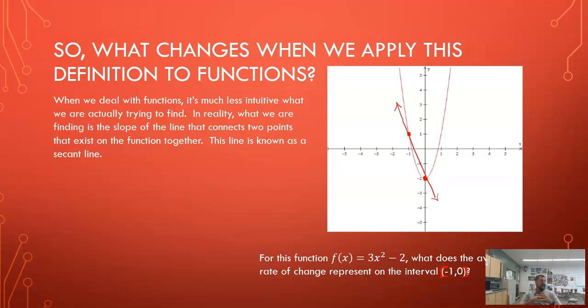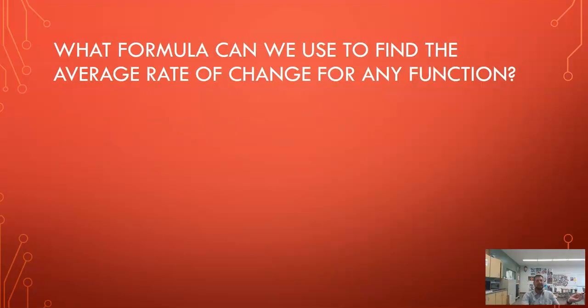Now this line has a special name. This is what is known as a secant line. A secant line is simply a line that connects 2 points together on a function. So in this case, what I'd be looking for as the average rate of change is the slope of the secant line from x equals -1 to x equals 0.